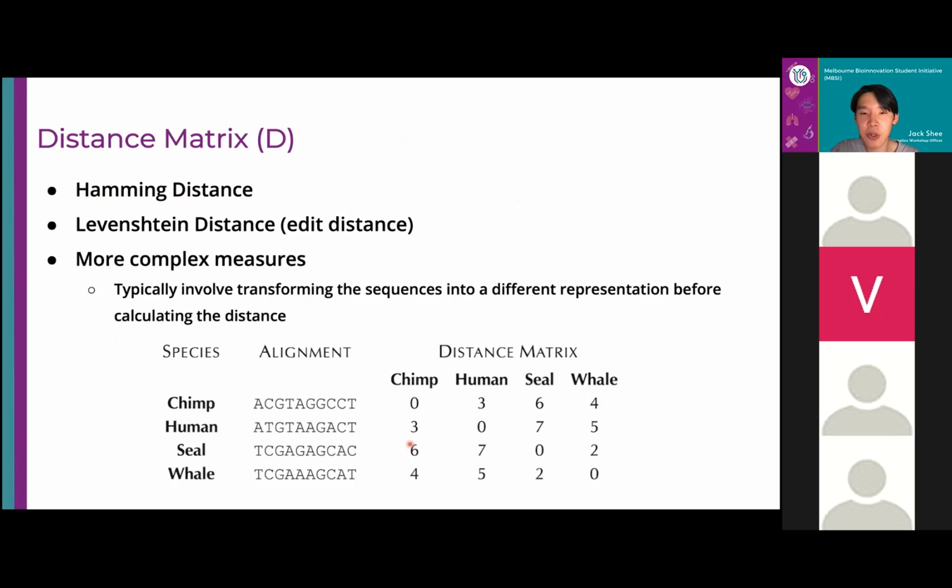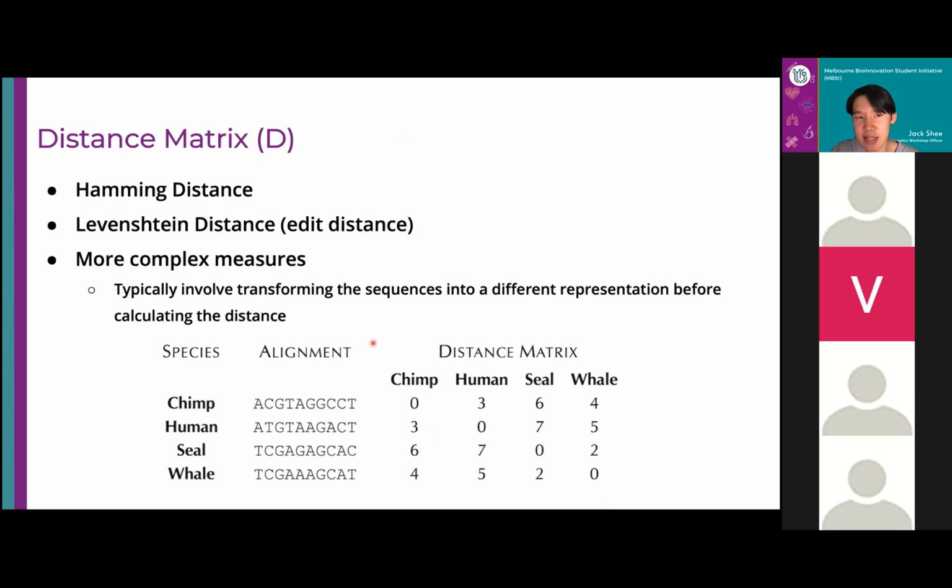So for example, here we have the row human aligned with chimp. So we're looking at two sequences, one for chimp and one for human. And you can see that there are 3 different characters in these two sequences, over here, here, and here. And that's why the Hamming distance is 3. And then we just repeat that for every single other entry.